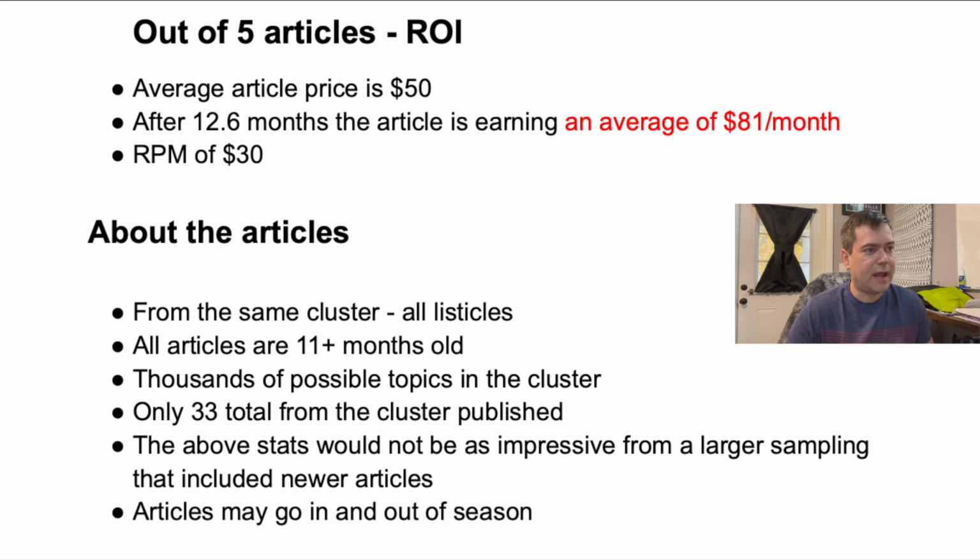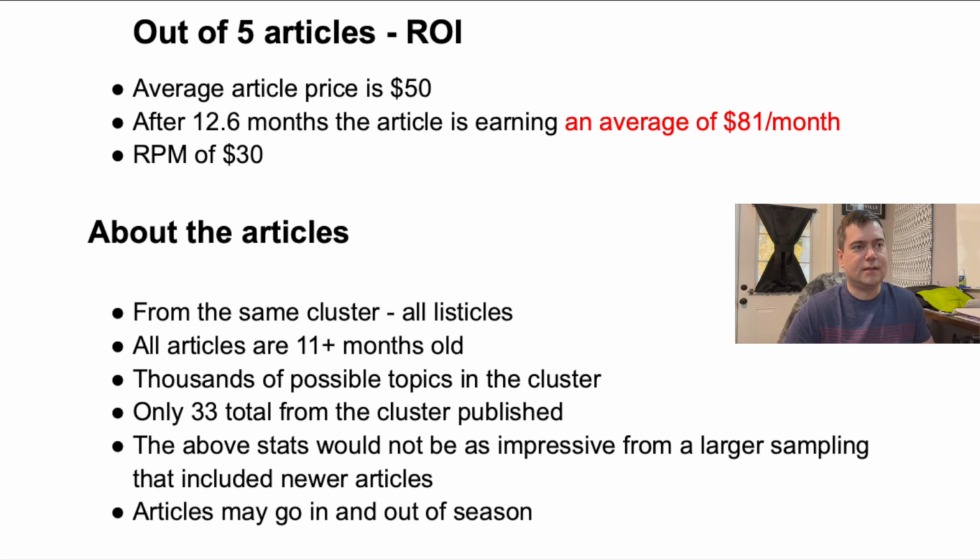Now, I will also add that $81 a month per article is very high. That's not going to be an average across my entire site. As we take a larger sampling size, that average is going to go down a lot. I'm not going to do an analysis across all 500 or whatever articles on this particular site.